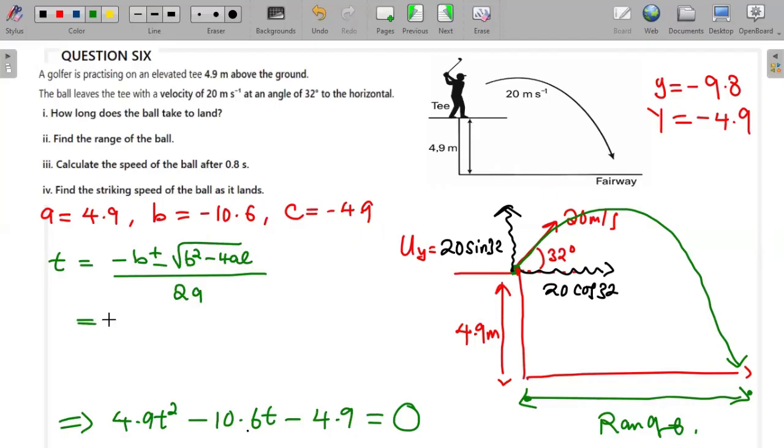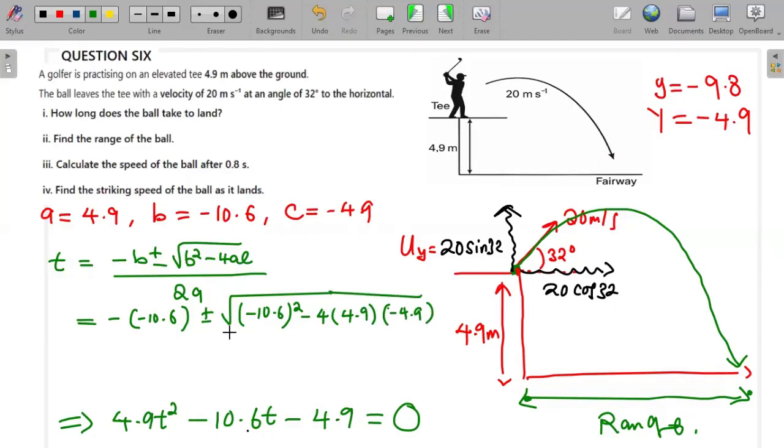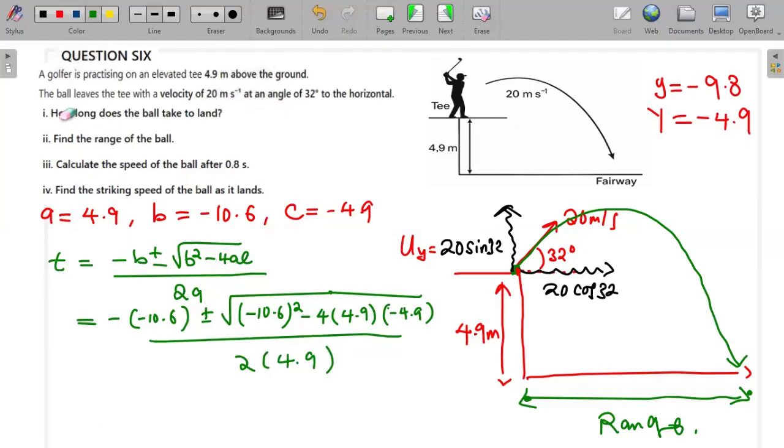So this will be equal to minus, the b is minus 10.6, so careful with the signs, plus or minus the square root of b squared, that will be minus 10.6 squared, minus 4, the a is 4.9, and then the c is minus 4.9. So that's what we have, and then I'm dividing all this by 2 multiplied by the a.